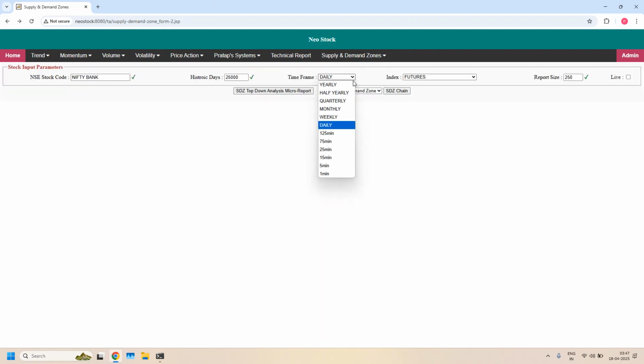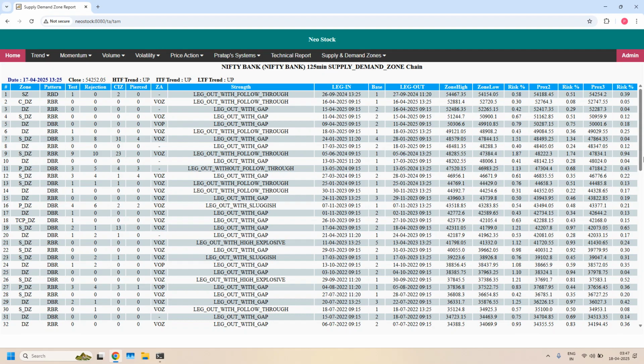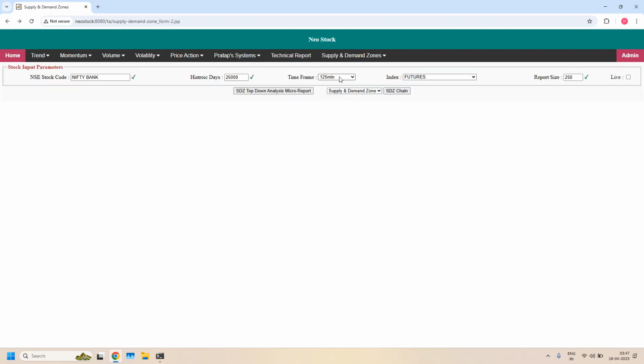Next, generating 125 minute supply demand zone chain for Bank Nifty. Next, generating 75 minutes supply demand zone chain for Bank Nifty.